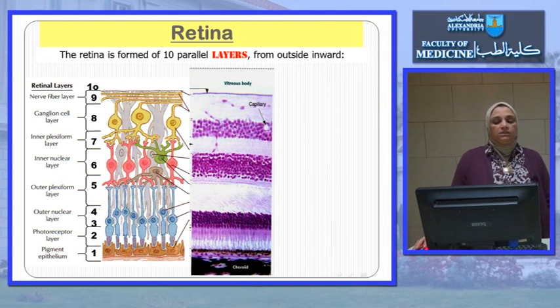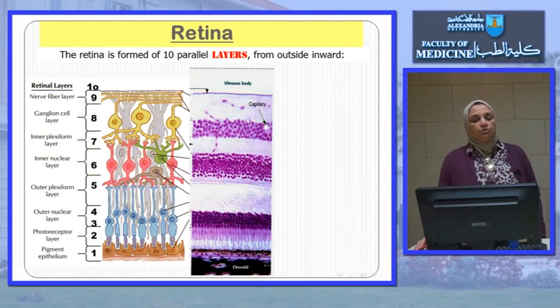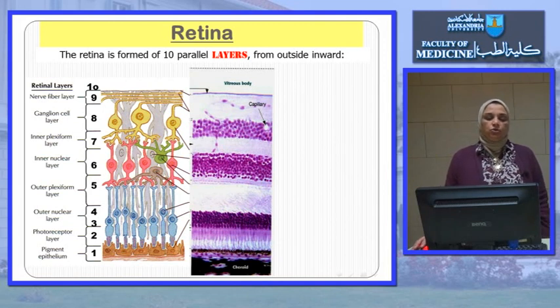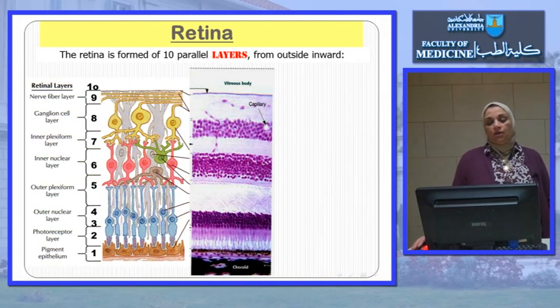Their cell bodies and nuclei are present in the inner nuclear layer. So the inner nuclear layer encloses the nuclei and cell bodies of 4 cells: bipolar, horizontal and amacrine cells, together with the supporting cells, the Muller cells.